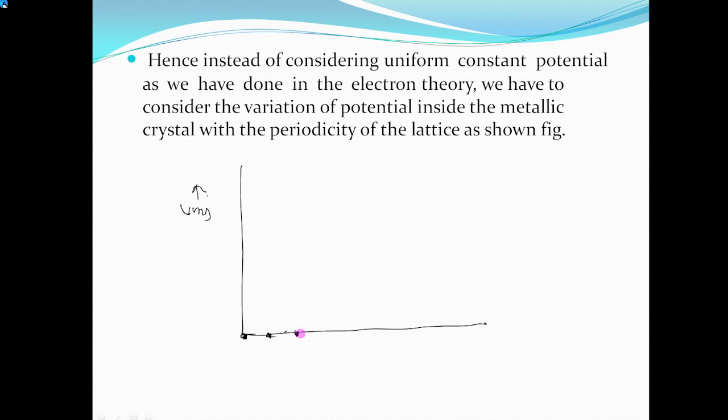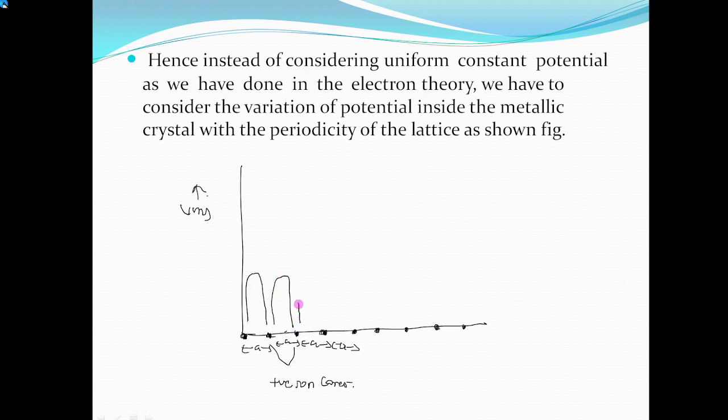These are the positive lattice ions, the positive ion cores. The distance between two atoms is represented by A, which is called the lattice constant or interatomic distance.